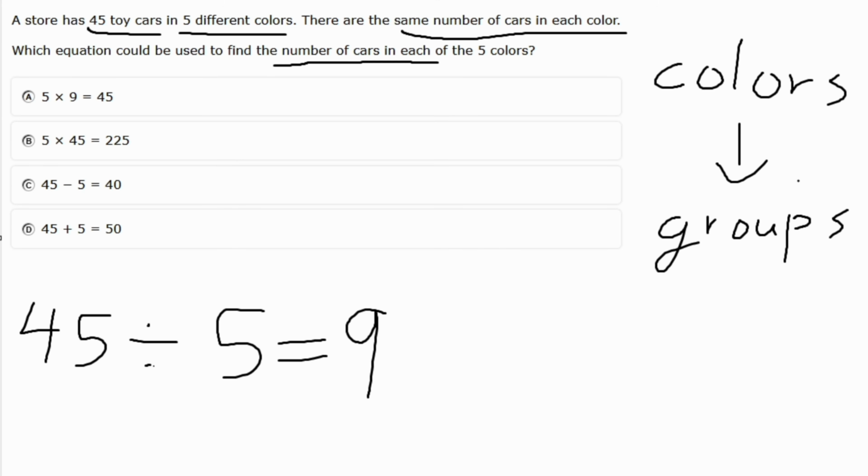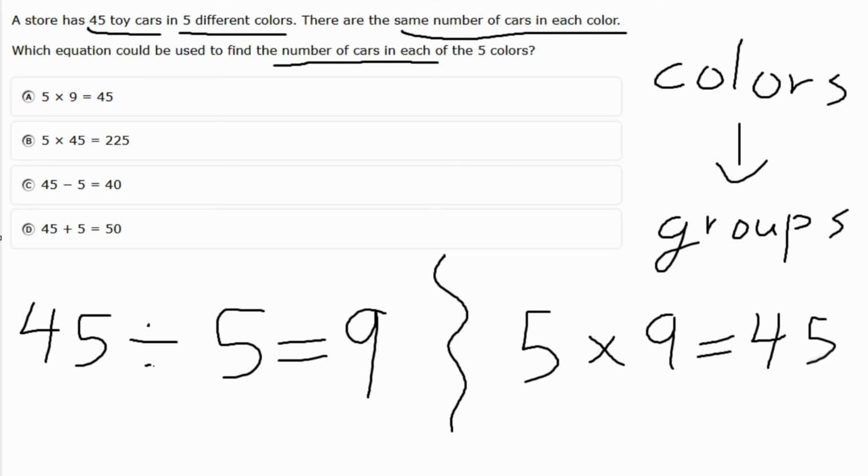That's okay, because we know that division is the opposite of multiplication. So we can actually flip this equation around and give us something else. 45 divided by 5 equals 9 is the same thing as 5 times 9 equals 45. All we did is we took our 2 smaller numbers, multiplied them, and got us our bigger number, 45.